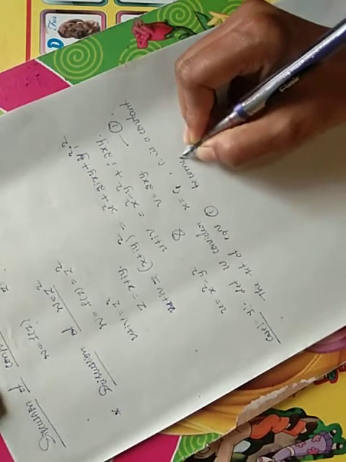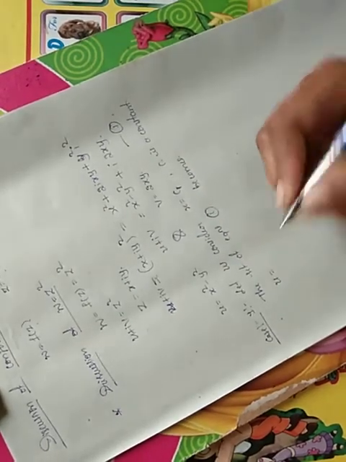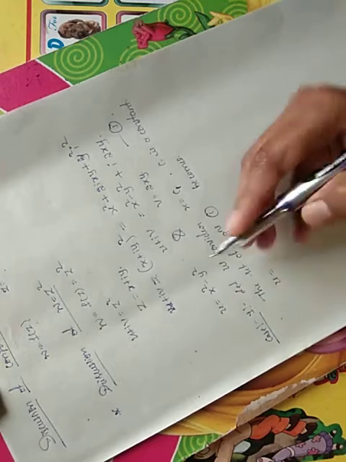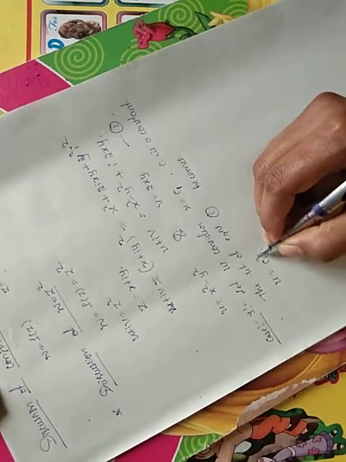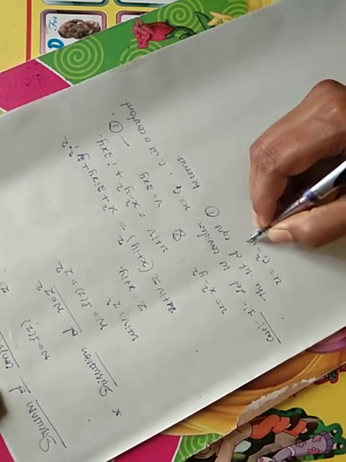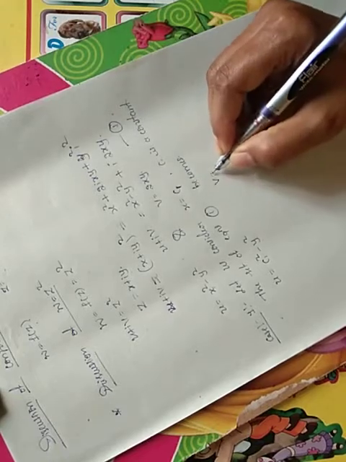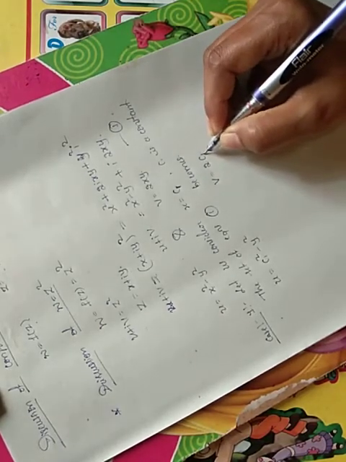Then the set of equations 1 becomes u equal to c1 square minus y square, and v equal to 2 into c1 into y.